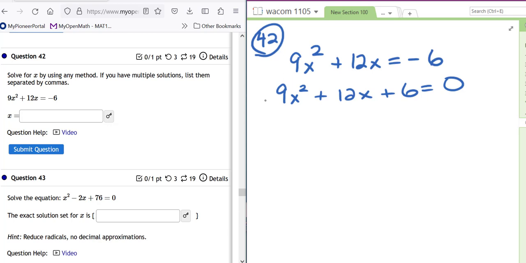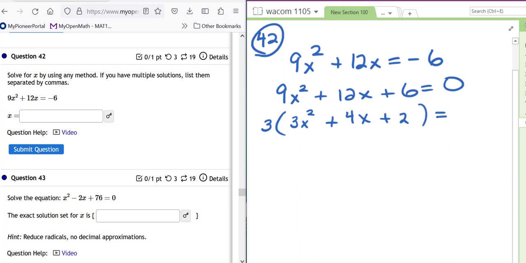There is a 3 in all those pieces, so I would probably take it out. That leaves me 3x squared plus 4x, and 3 into 6 will go 2. All right, you have a choice here. You can try to factor this, or you can take it to quadratic formula, and you could have taken it to quadratic formula up there.